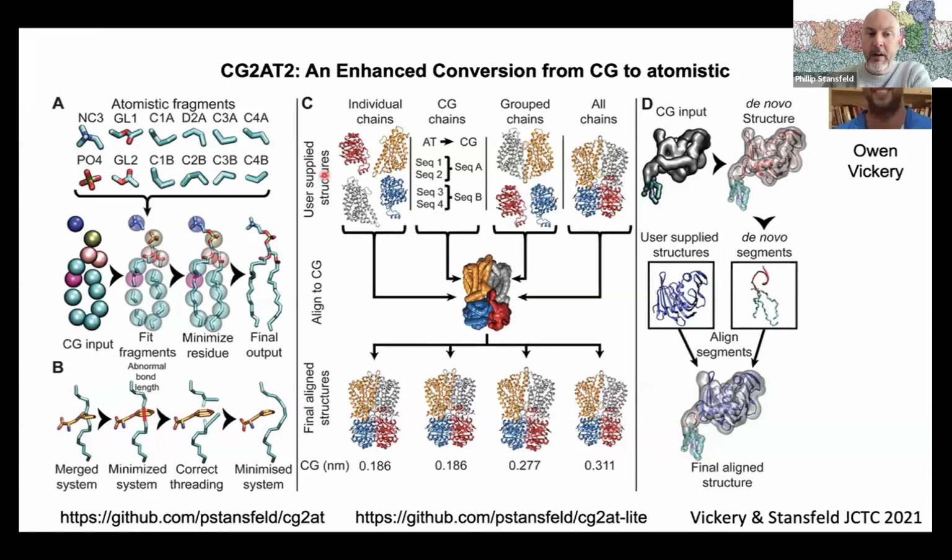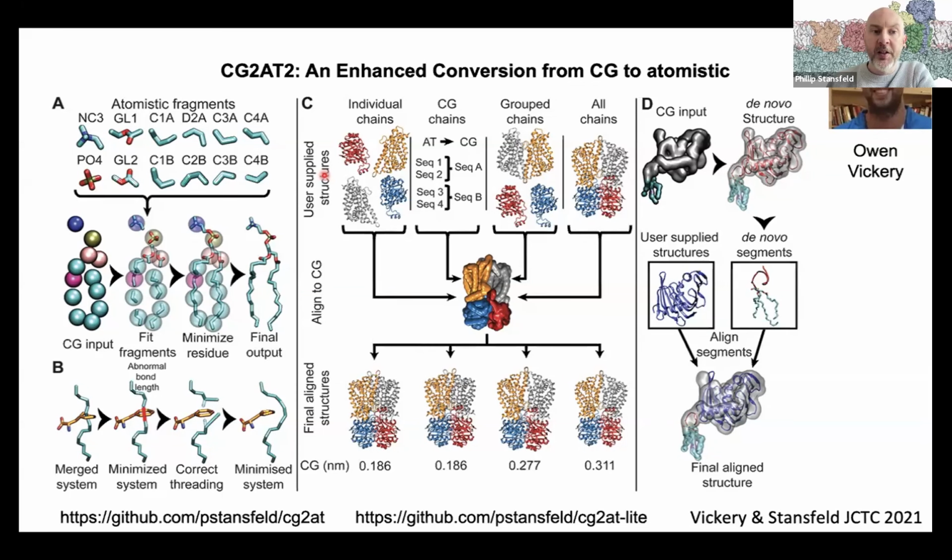Now, I talked to you previously about going from a coarse grain representation, this reduced representation where 4 atoms, usually non-hydrogen atoms, are mapped to a single bead in the coarse grain representation. What we want to be able to do is not just go from atomistic to coarse grain, but also go back.